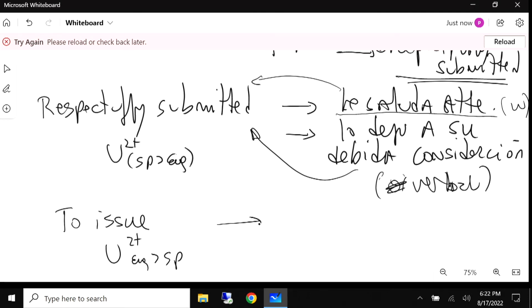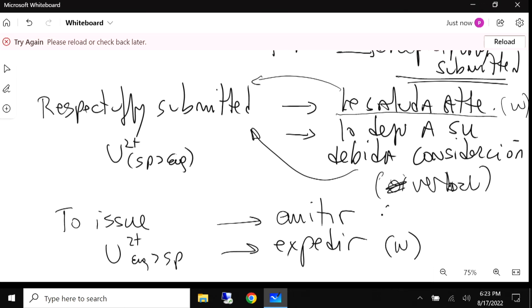And what are the two possible options? Well, most people say "emitir," but there is a second one, "expedir." So which one do I use? Well, if it's in writing, it's "expedir." If it is verbal, it's "emitir." If the judge issues a decision, "emite una decisión." And any synonym of it, because you may ask, can I use another term instead of "emitir"?